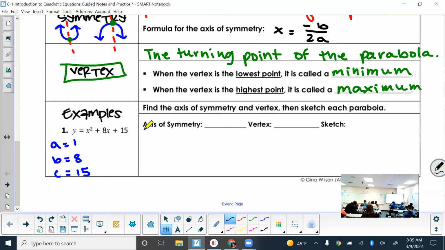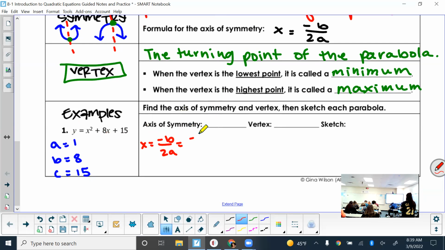Next, use your axis of symmetry equation. So x equals negative b over 2a, write it every time so that you remember it. And then anytime you plug stuff in, use parentheses.